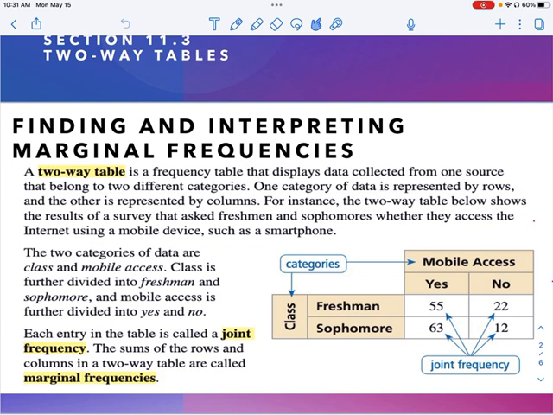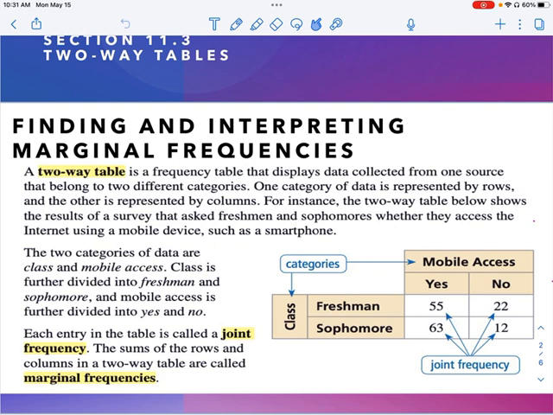Now, if you look at these, we have something called joint frequencies. It's joint frequencies because, for example, the 55 represents both freshmen and yes to mobile access. Those are called joint frequencies because they are combining two frequencies together.